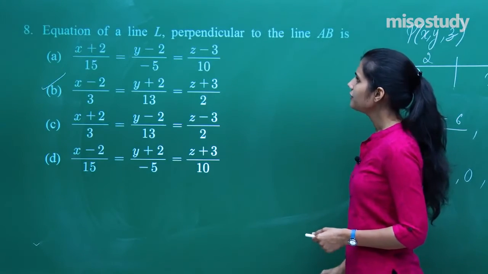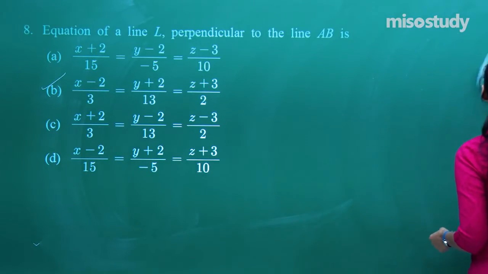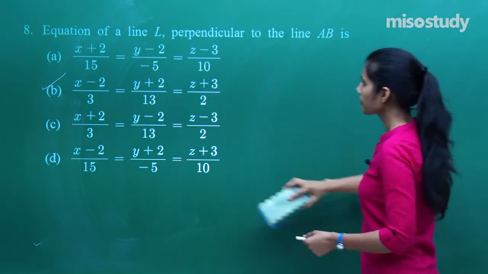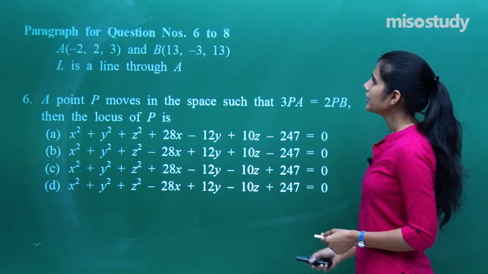Next we have what? We have equation of line L perpendicular to AB. So let's see what we have. Okay, so what was my A and B?